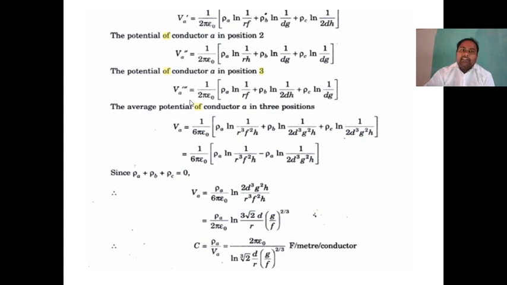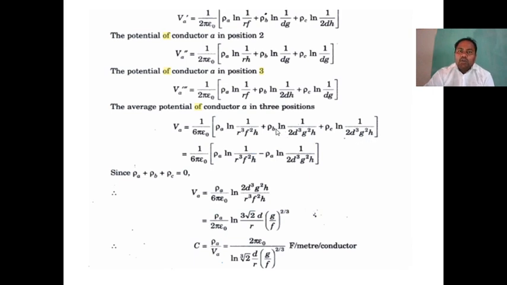Okay, take the average of the expressions VA dash plus VA double dash plus VA triple dash, that is, conductor A in first position, second position, third position, divided by 3. We get 1 by 6 pi epsilon naught [rho A log 1 by R cube F square H plus rho B log 1 by 2D cube G square H plus rho C log 1 by 2D cube G square H].